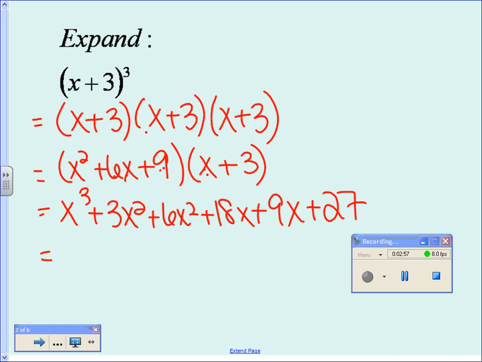Do any of them combine? That's how it expands. Does that make sense? Why you can't just do x cubed plus 27?